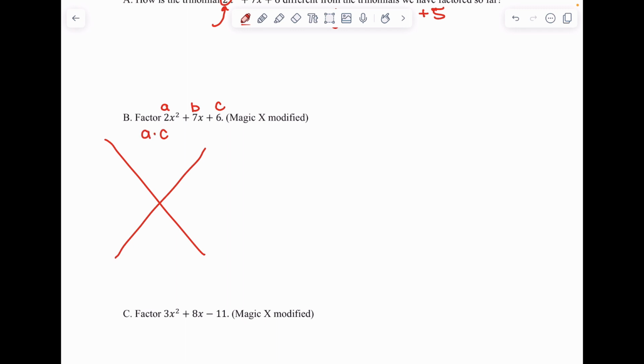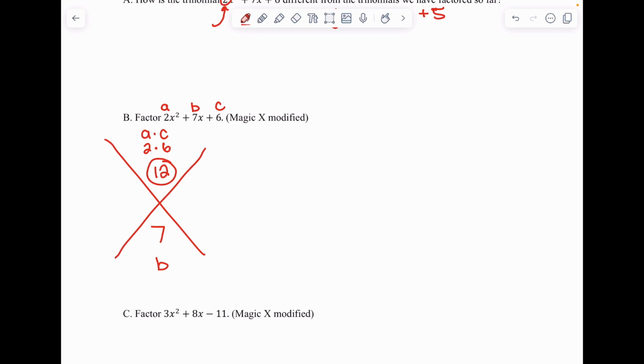So instead of just putting 6 like we normally do, we are going to put 2 times 6, which will be 12. So that's the first change. On the top of my magic x is A times C, so 2 times 6, which is 12. B still goes on the bottom, so 7 will still be on the bottom of my magic x.